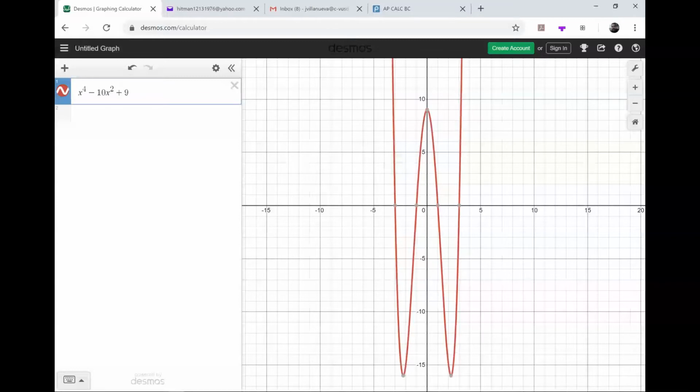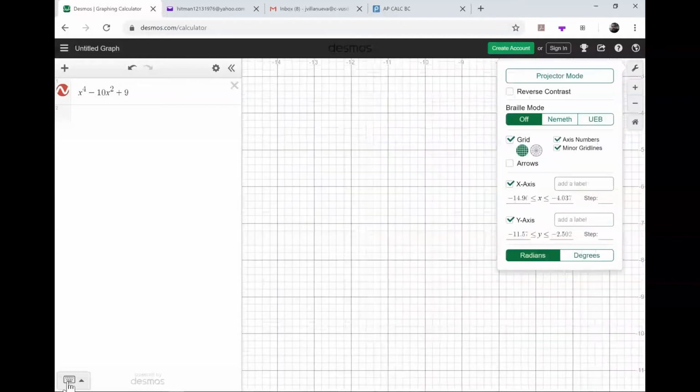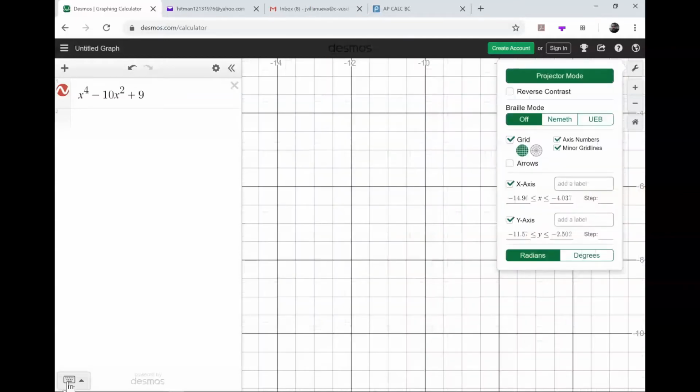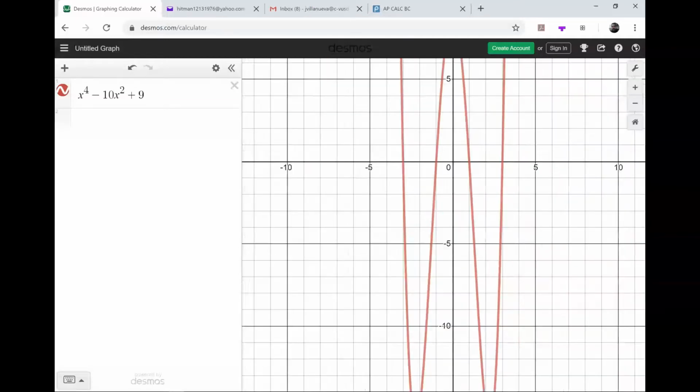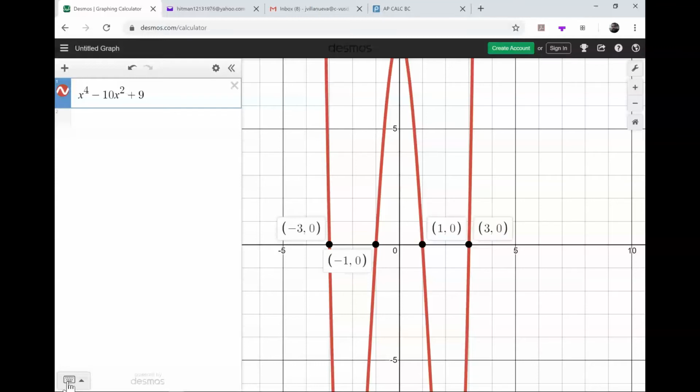So if you guys remember what I used to tell you, your solutions are found where the graph crosses the axis. So if we look at this, let me make this a little bit thicker here in projector mode. If I touch the graph, you're going to see there is an answer, there's another one, there's another one, there's another one. So you're going to take your x values, -3, -1, 1, and 3.